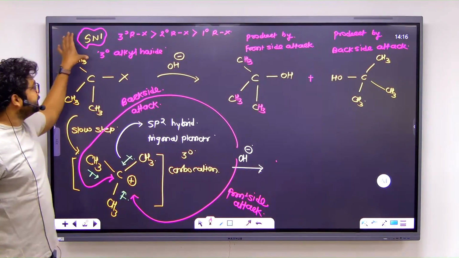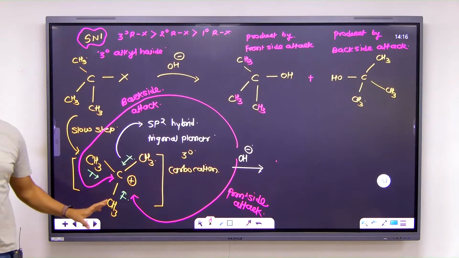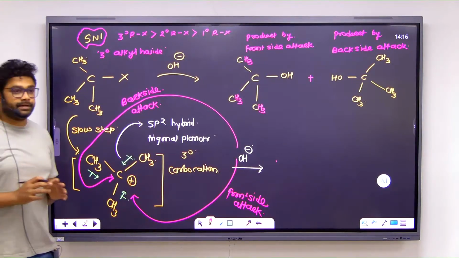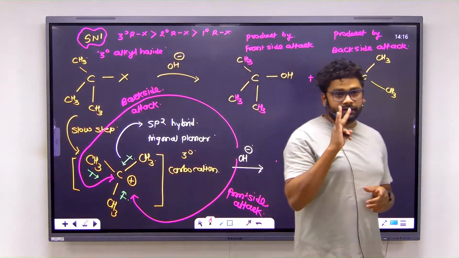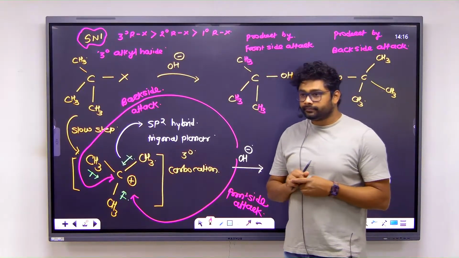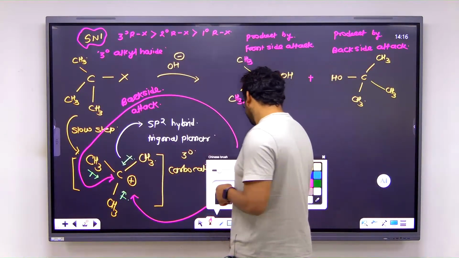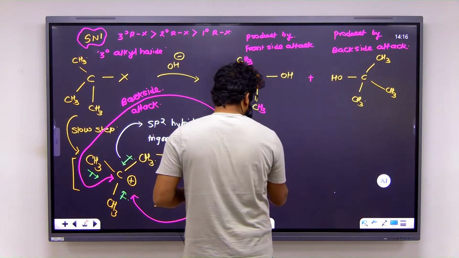Because the SN1 reaction demands a formation of carbocation. And the carbocation is more stable only in the case of tertiary RX. And that's why this attack is possible, and you get two types of product.